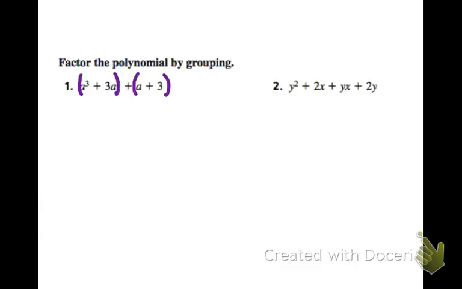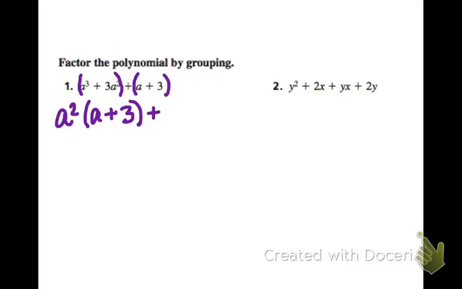Okay, so in the first group, we know we can factor out an a squared. A cubed divided by a squared, what we're leaving behind is a, okay? And then since we factored out the a squared from the next term, we're leaving behind that plus 3.